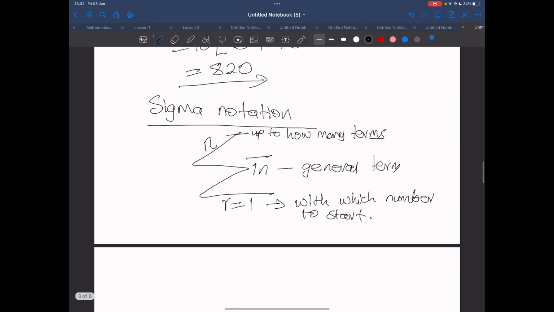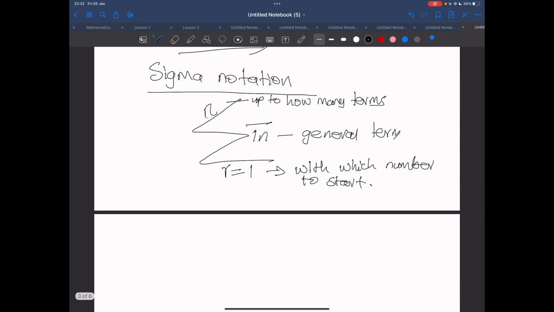Okay, now we are going to look at a practical example. So we have a sigma, and then we put a 20 here, and we have a general term, 4r minus 1, and we are starting from 3.